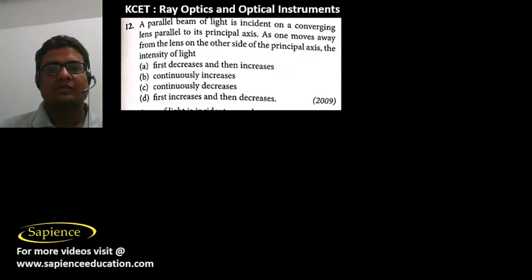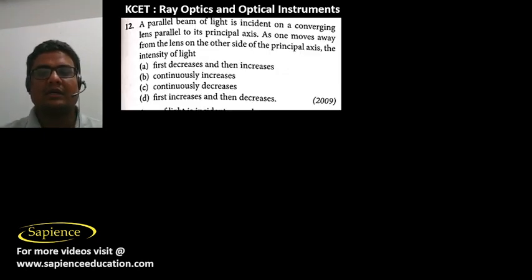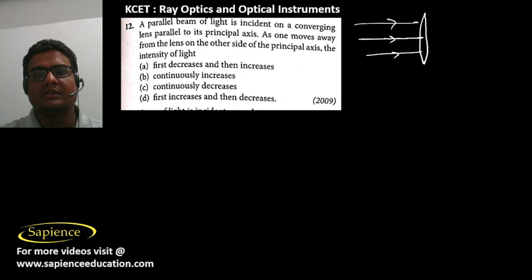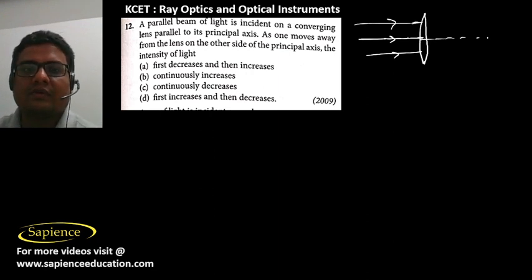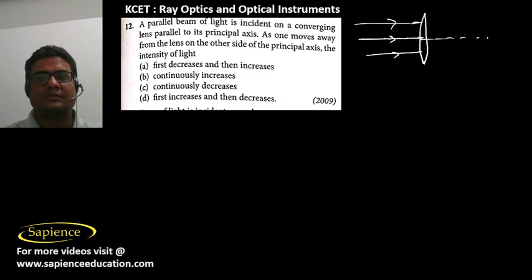Then in question number 12, it is told a parallel beam of light is incident on a converging lens. So converging lens means it is a convex lens. One parallel beam of light is there, which is parallel to the principal axis.